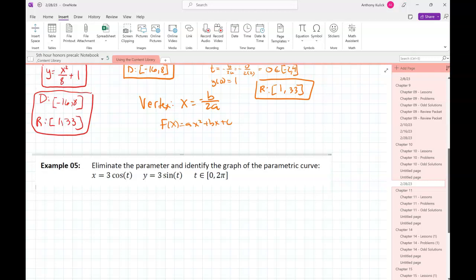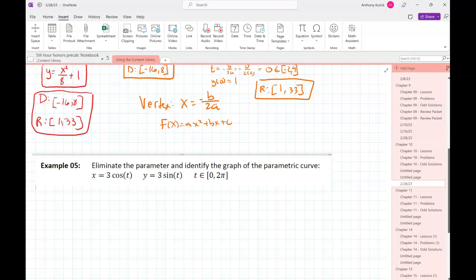How am I supposed to get the t by itself to where I can plug it into the other one and have it do anything for me? If I try to get the t by itself for x, I have t equals cosine inverse of x over 3. And I plug that back into the other one, so I have 3 sine of cosine inverse of x over 3. That doesn't look appealing to me. It's got to be some other way here.